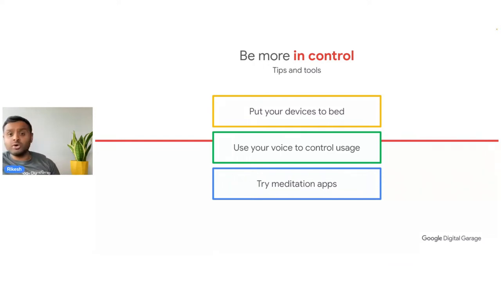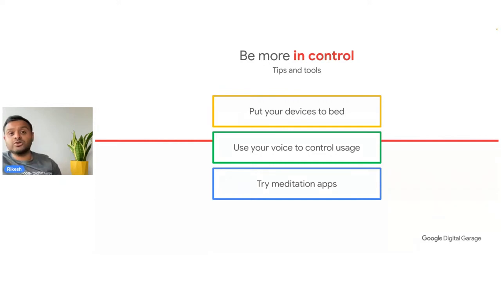We can also put our devices to bed. Most smartphone devices have a do not disturb mode that we can put our phones in. Even if we are charging our smartphone beside our pillow, or on a bedside table, if we put it in do not disturb mode, we're not going to get notifications that disrupt our sleep and wake us up.